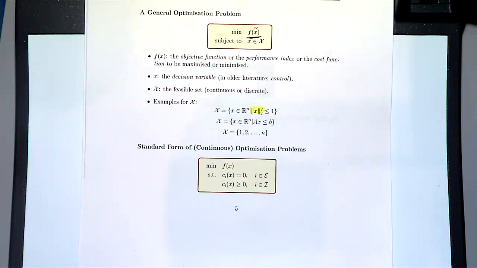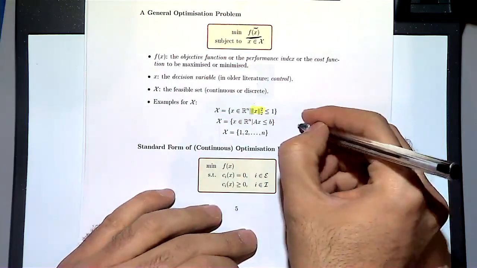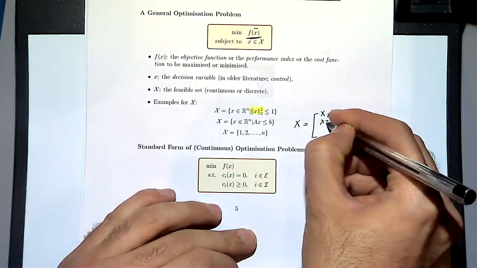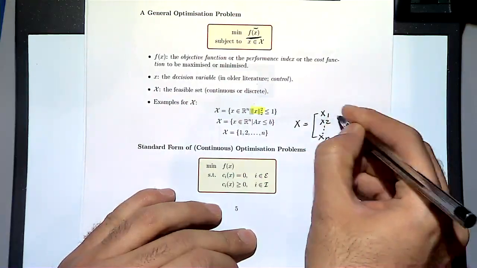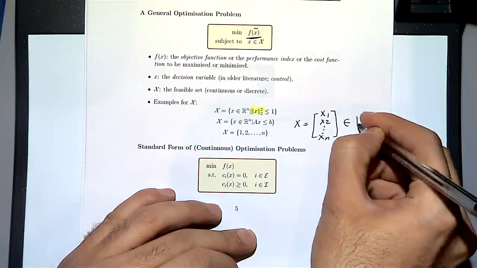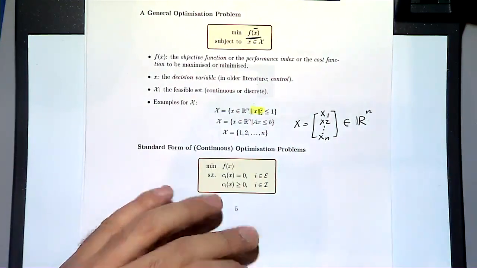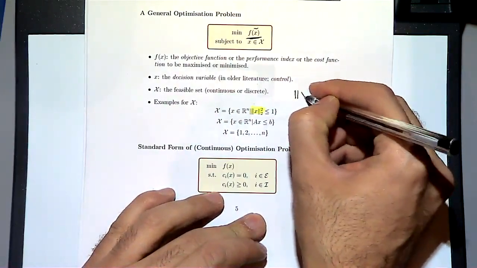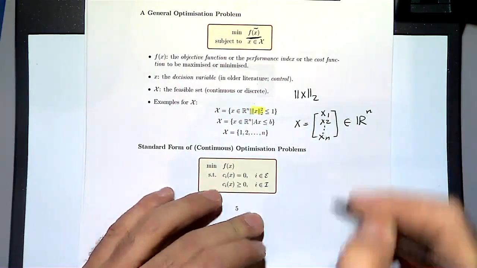Okay. It's not quite that. If x is a vector, what is this? Can you tell me the definition of this?